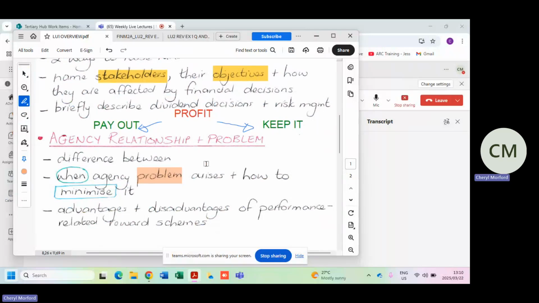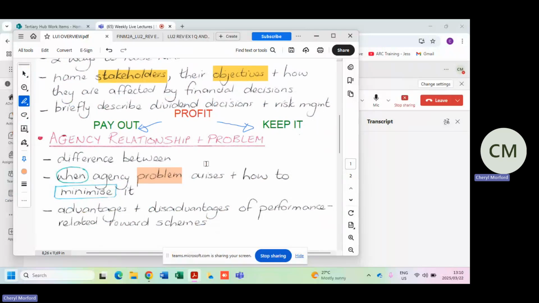So it's a mismatch, in other words, a conflict of interest. And it can take place when the financial manager seeks opportunities to maximize their own personal wealth and personal position at the expense of the company.